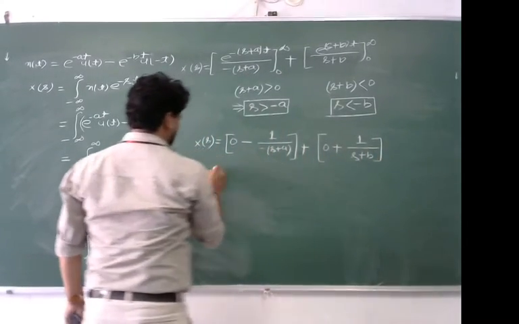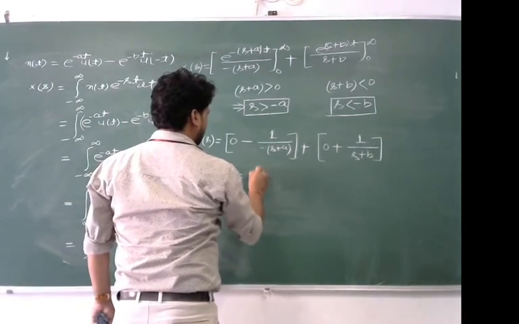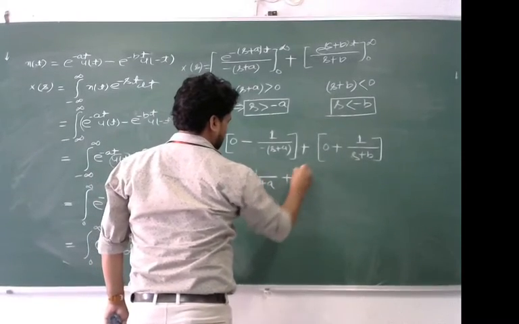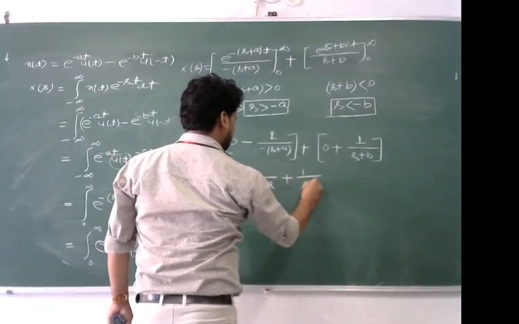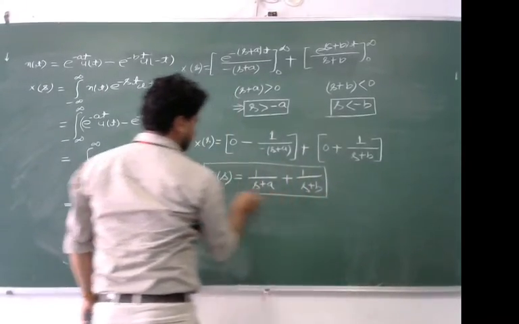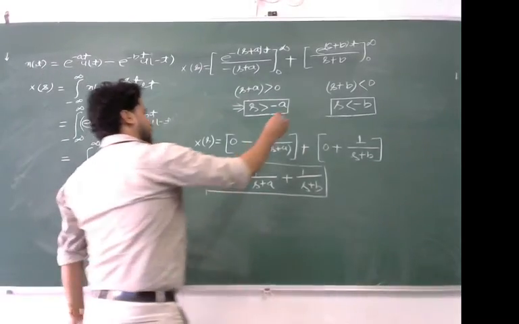Now we can write the Laplace transform of the given function as 1 upon s plus a plus 1 upon s plus b. This is the Laplace transform of the given function, but the ROC is important.